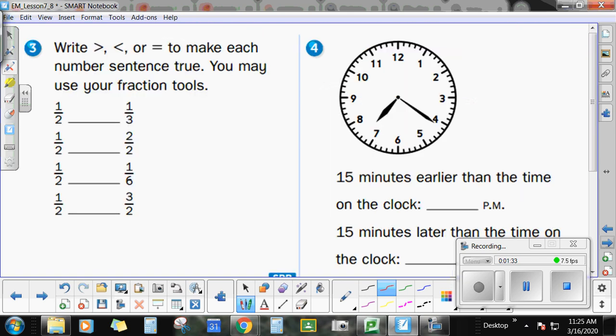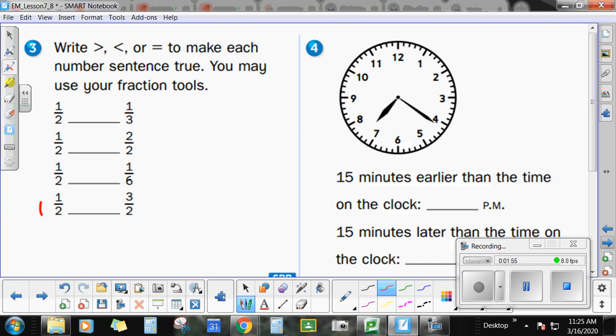Moving on. All right, here's where you're going to get some practice with comparing fractions to 1/2. So in every single one of these problems, you are comparing your fraction to 1/2. Remember, guys, you should be able to compare absolutely any fraction to 1/2 and be able to tell me if it is greater than or less than 1/2.